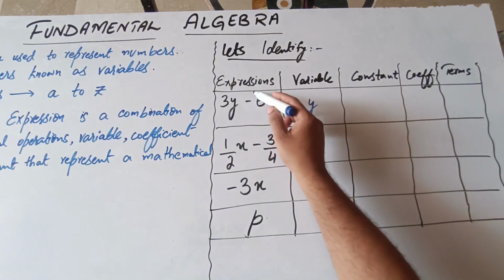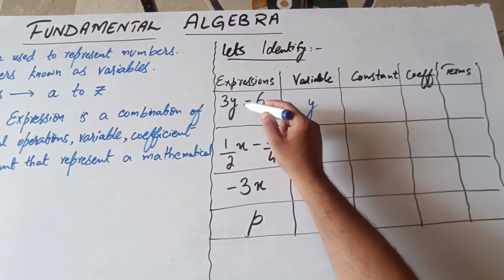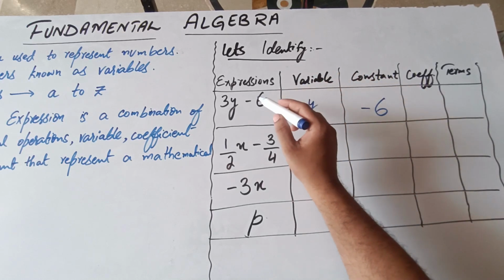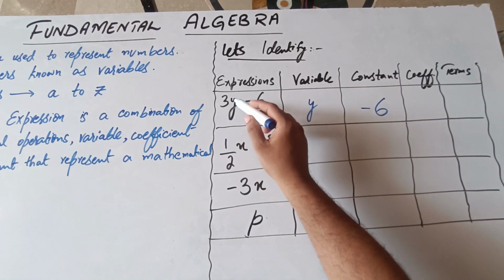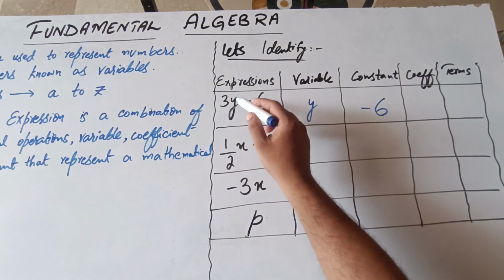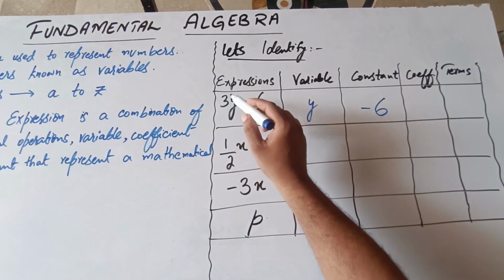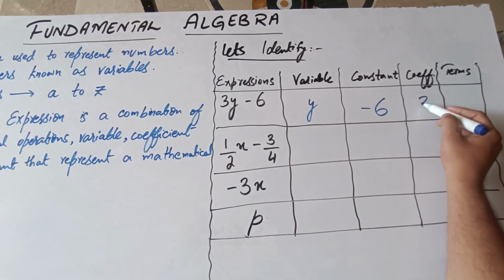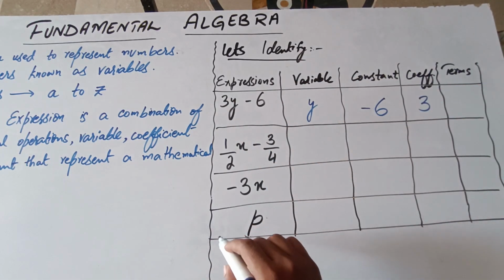A constant is a term which is written alone without a variable, so the constant is -6. The coefficient is the number written before the variable along with the sign. The number before the variable is 3, so the coefficient is +3.